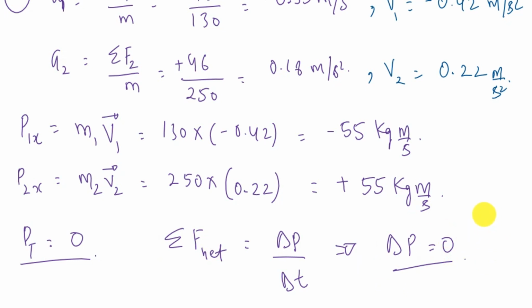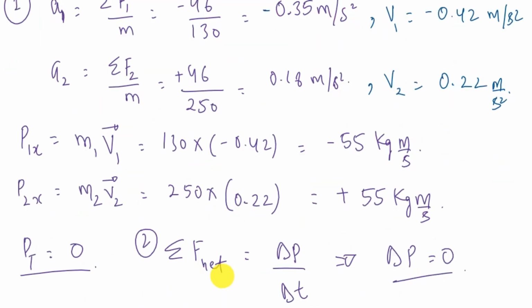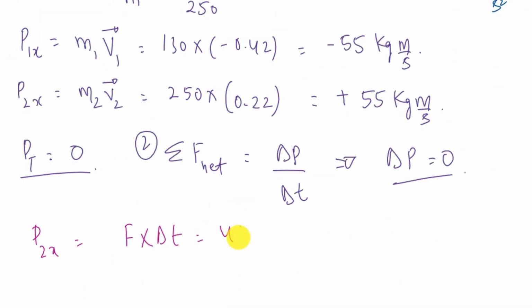So I hope you got the problem. And the second method was this only. If we take the second method, for the second canoe, the momentum would be the force multiplied with delta t. The force we have is 46 Newton. So 46 multiplied with 1.2, which is nearly the same value, 55.